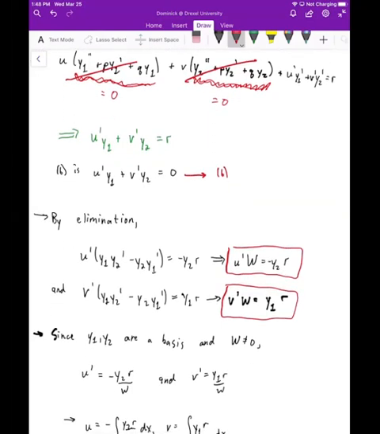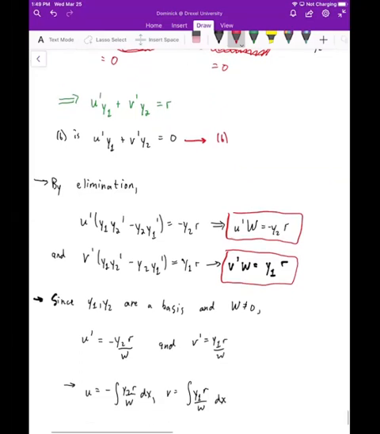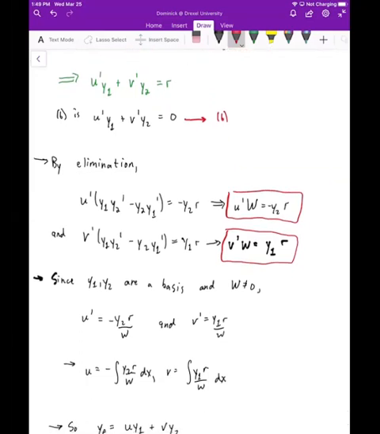So since y1 and y2 are a basis, we can't have that W is equal to 0. Otherwise, our two solutions would be multiples of each other, and they would not form a basis, right? So that allows us to conclude that W is non-zero, which allows us to divide W, the Wronskian, over to the other side, right? So I should maybe make a note here that W is the Wronskian.